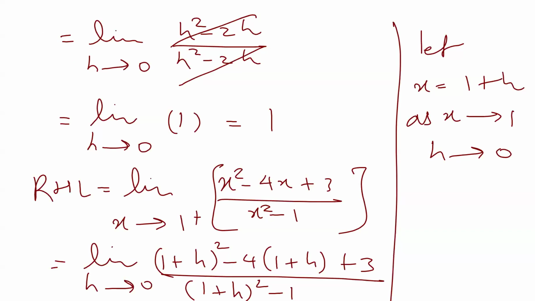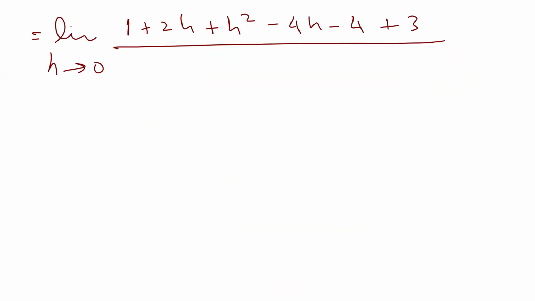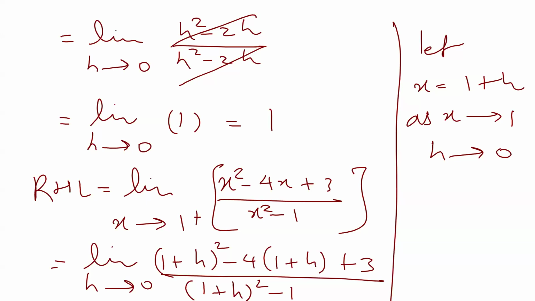So limit h approaching 0, 1 plus 2h plus h square. I'm just expanding the numerator over here. Minus 4 minus 4h plus 3. I hope you are observing. Upon 1 plus 2h plus h square minus 1.